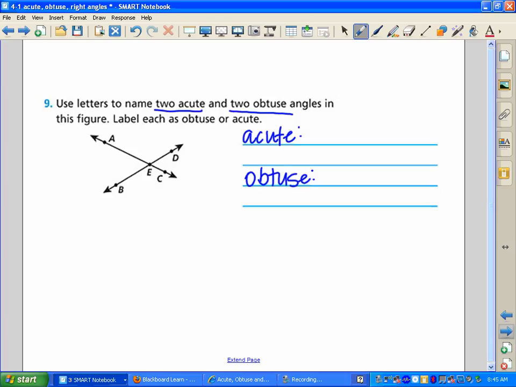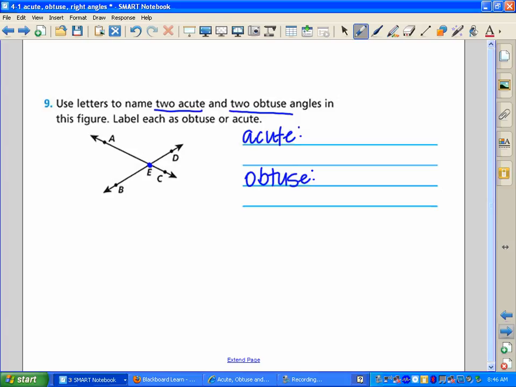Okay, after you've done that, let's put a dot on our vertex. What is the vertex? E. So whatever angles I name, that vertex must be in the middle. Okay? Can we find an acute angle?